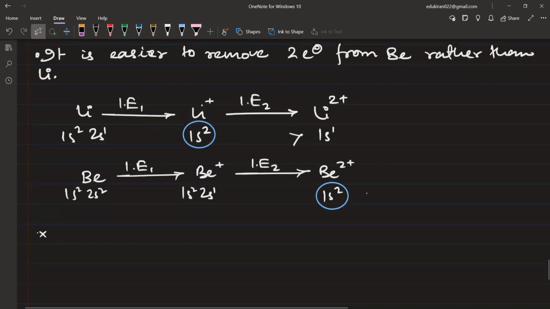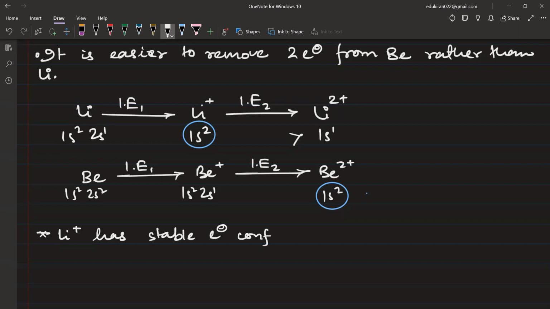So we'll write here 2 things. Number 1, first thing: lithium positive has stable electronic configuration of 1s2.